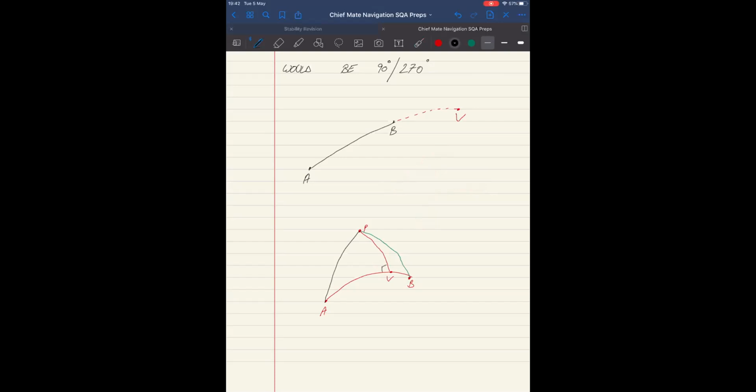Mark it as this. Now, whenever we have a spherical triangle, we use certain formulas.